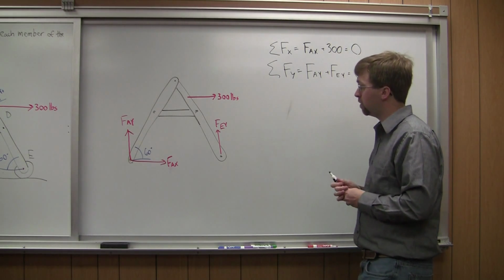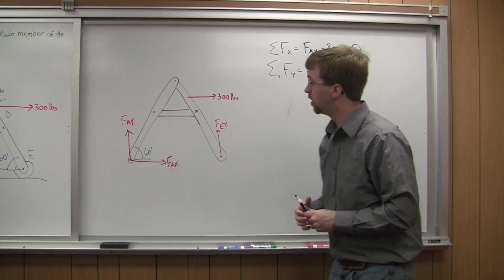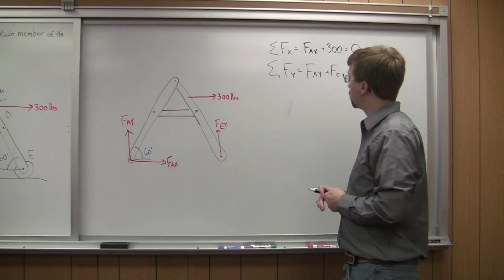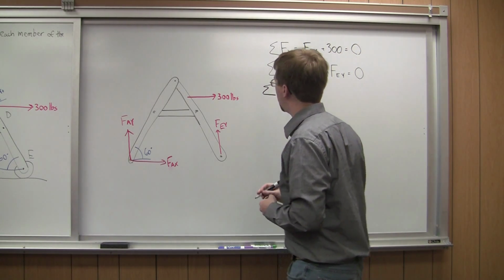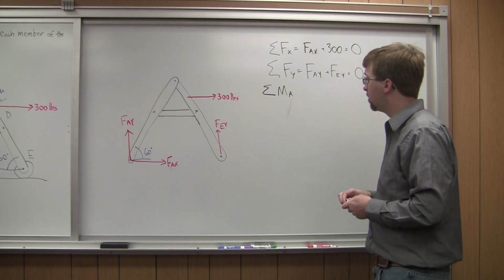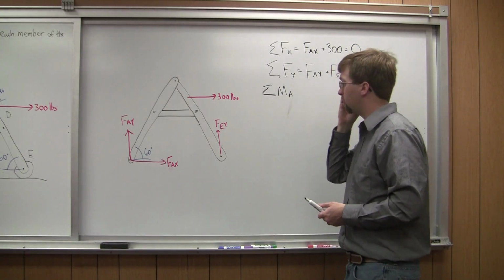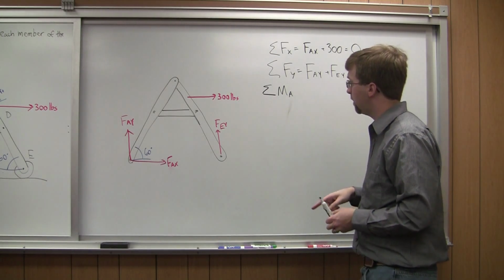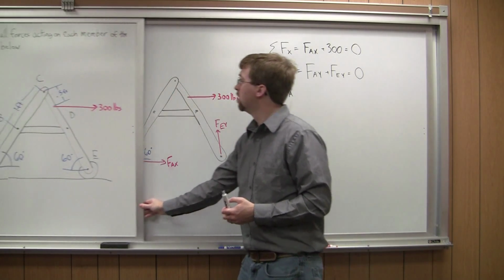For the sum of moments, I'm going to do all of this about point A over here, so that's going to eliminate some of those forces in the moment equation. The sum of moments about point A: the two forces that are going to exert moments are FEY and my 300-pound force. For FEY, I need to figure out the perpendicular distance.